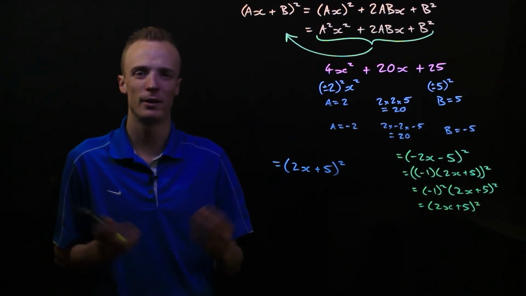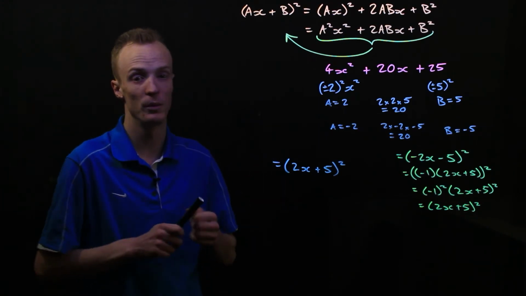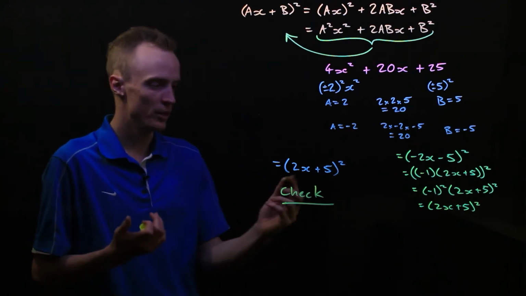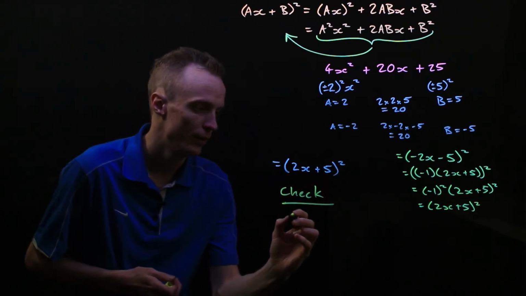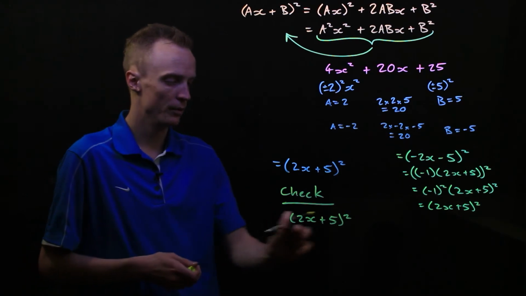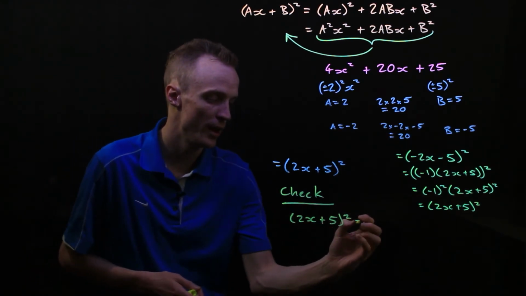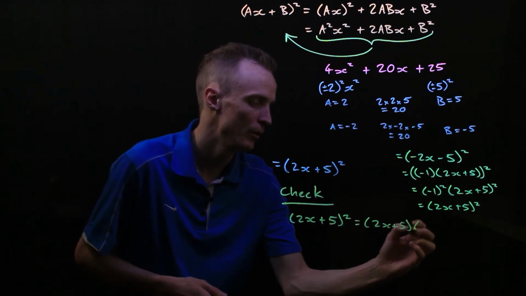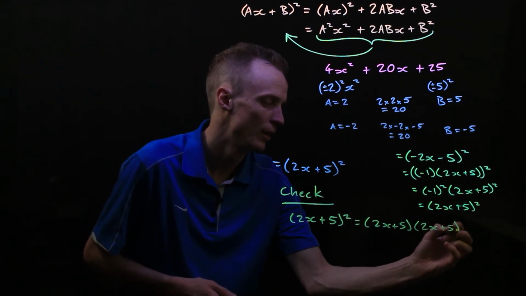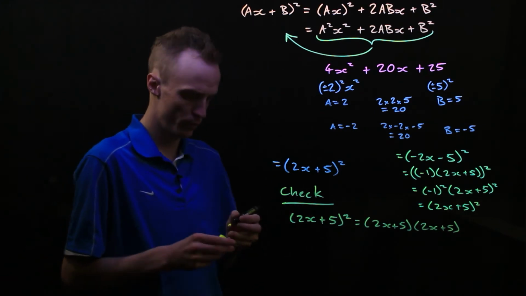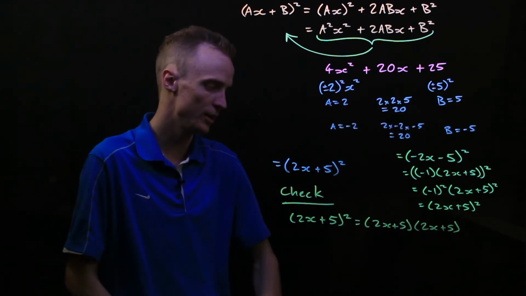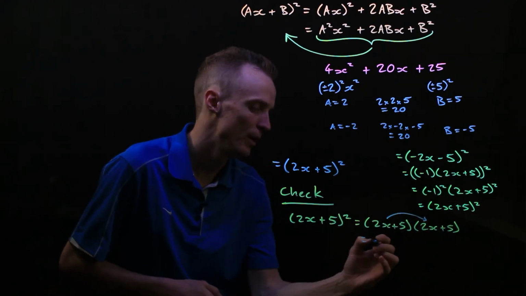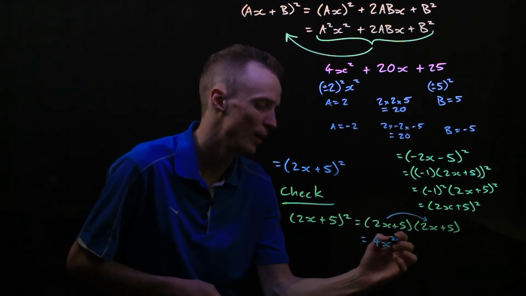As with all factorising, we can always check to make sure that we've got this correct. So let's do a check step now. I'm just going to rewrite this as my 2x plus 5 multiplied by itself, and then use my FOIL. My 2x times my 2x will be 4x².